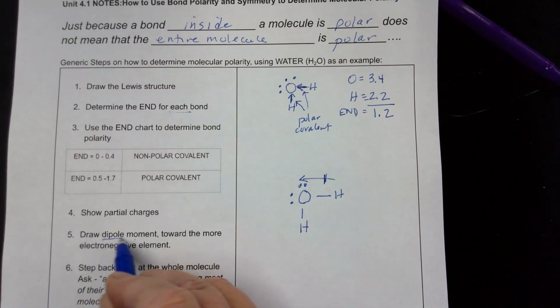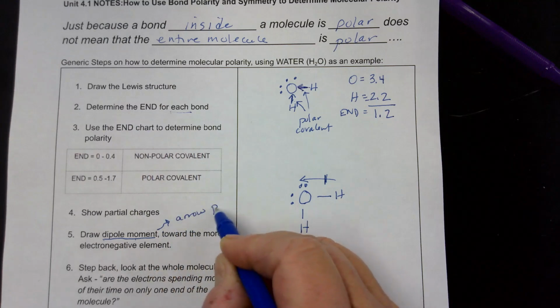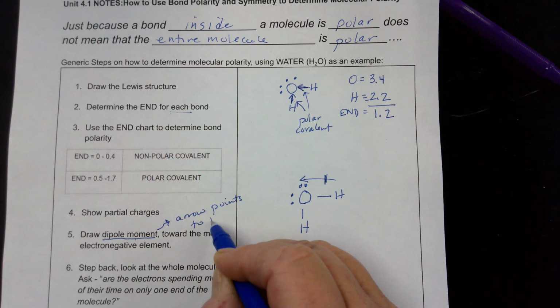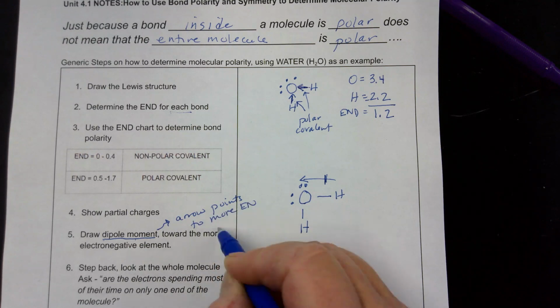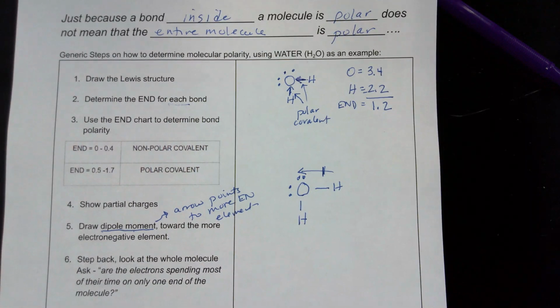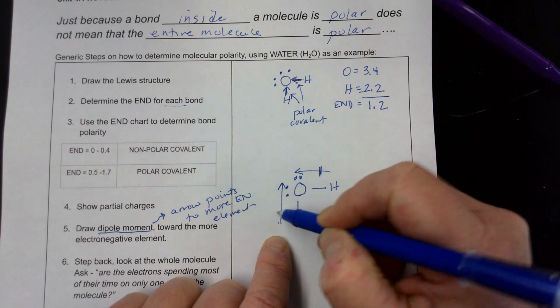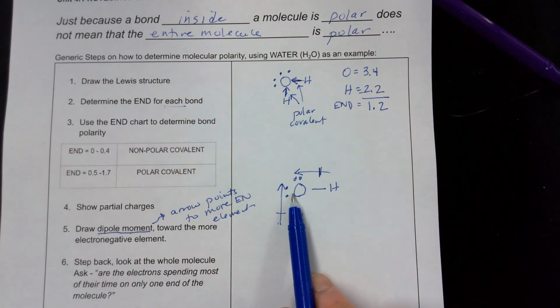A dipole moment is an arrow that points to the more electronegative element. I suppose that says it right there, so that's a bit redundant. So this bond is pulling electrons towards the oxygen, and this bond is pulling towards the oxygen.